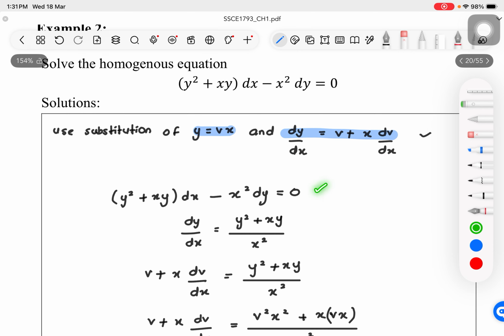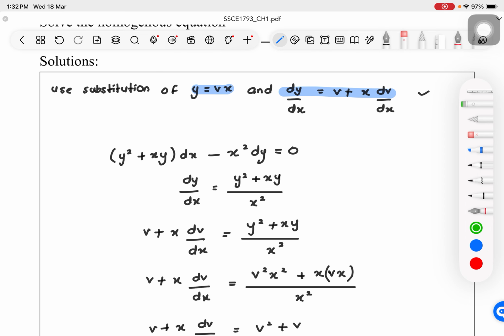From the question, you make dy over dx as the subject, and then you substitute this one inside this one, so it becomes like this. Then you need to substitute y is equal to vx inside your y here, so you will get this one.